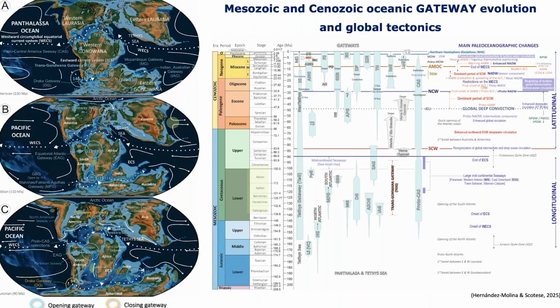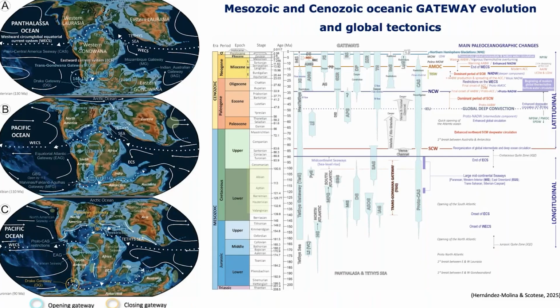What does that mean? Every time a gateway opened and two oceans started to be connected, you probably had a new water mass affecting a new part of the continental margin, and therefore contouritic features started to develop there. And at some point, these features stopped because of tectonic changes and also changes in the gateways.